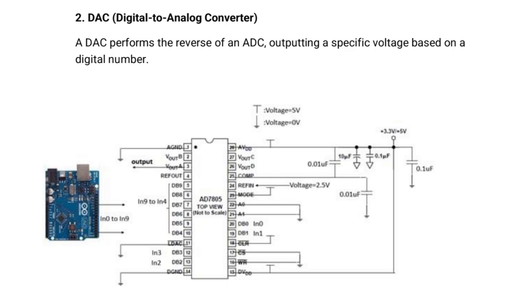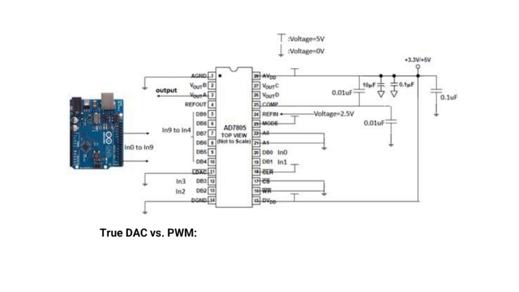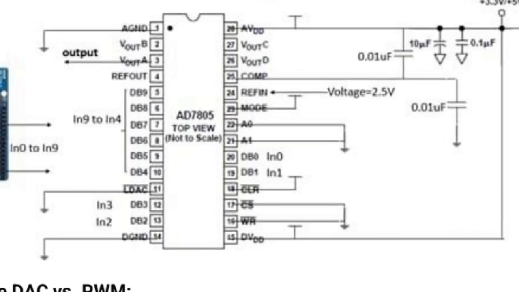That means it reconverts the digital values into analog, and only then can we read or hear those processed values. It reverses the operation, producing a specific voltage based on the digital number. For example, if we have 3.9, it will be approximated and reversed into an analog value.